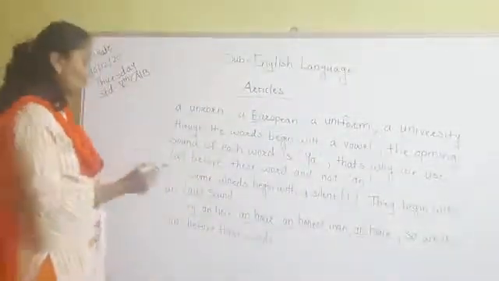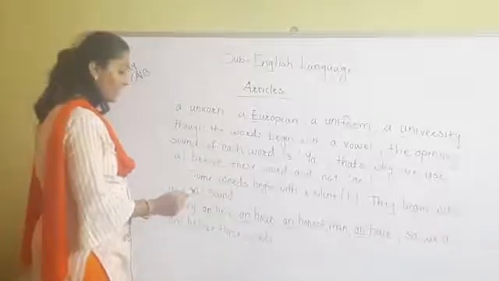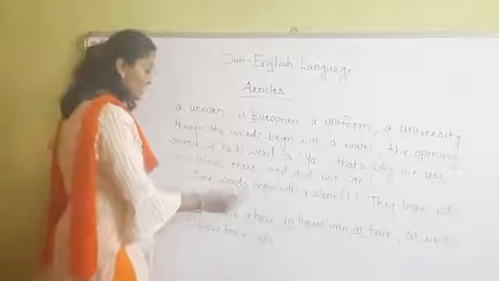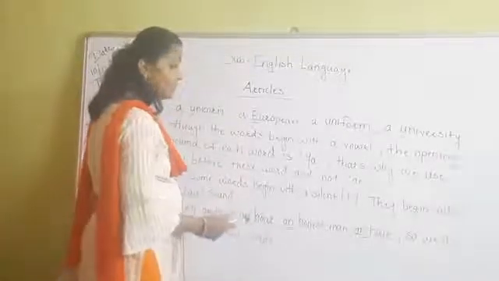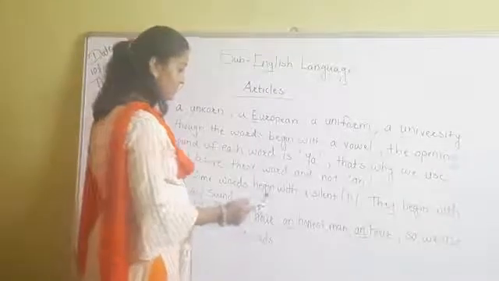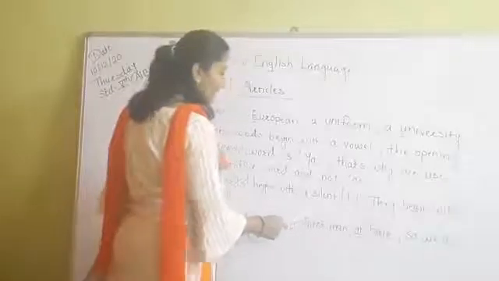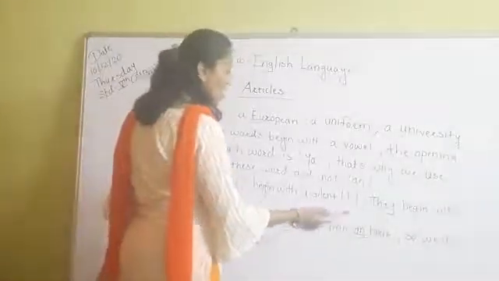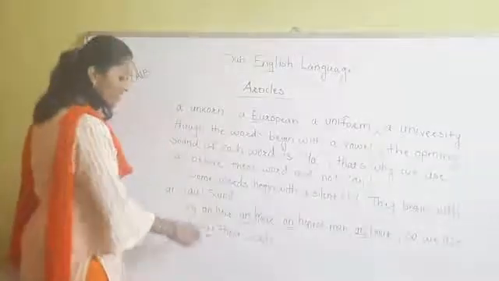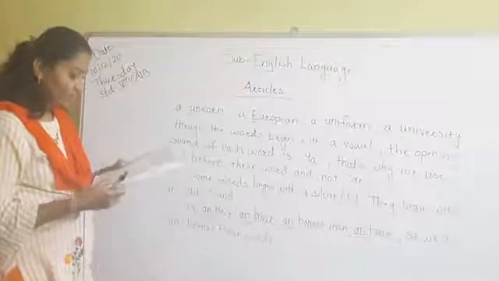We do not pronounce H. In heir we do not pronounce H. In hour we do not pronounce H. We don't say hour with an H, honest. We don't say like that. The correct pronunciation is honest, hour. So we use an before these words. So have you understood? Now let's move forward.